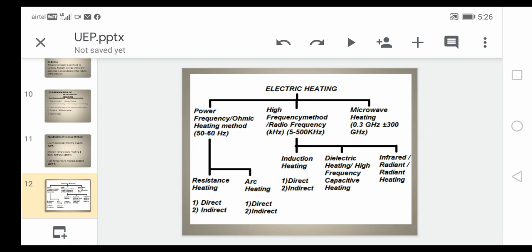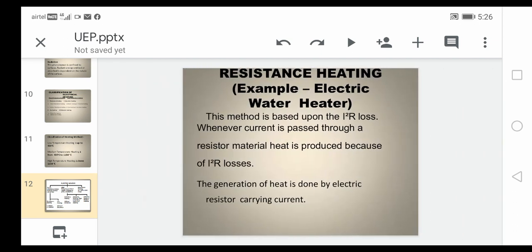Next, high frequency heating: we have induction, dielectric, and infrared radiant heating. Induction heating can be direct or indirect. There is one more, microwave heating, from 0.3 gigahertz to 300 gigahertz. These are the different types of electric heating we have.